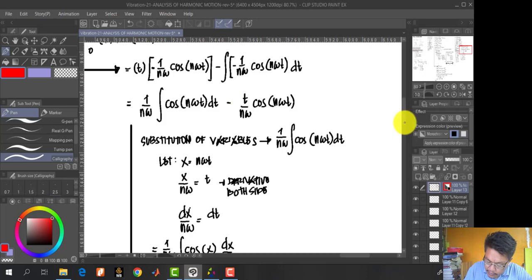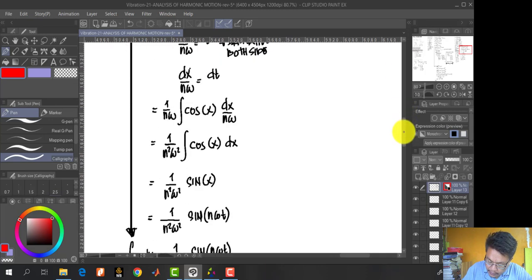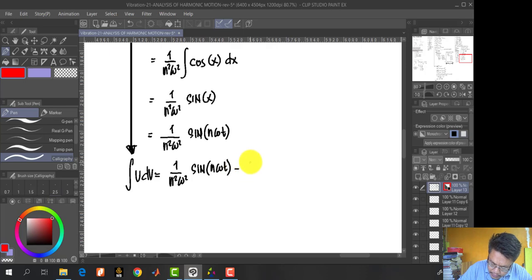And the continuation of it is minus t over n angular velocity times cosine of n angular velocity times time. Then I'm going to close the bracket since we have the boundaries.